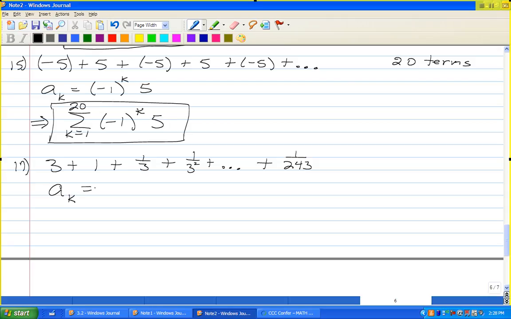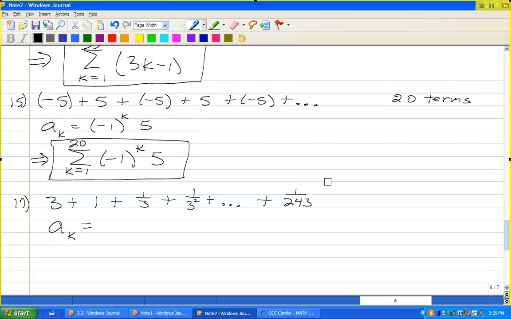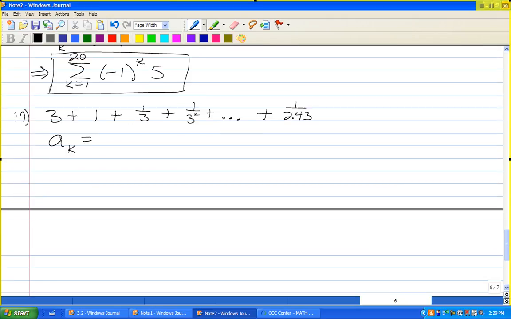Well, it turns out in this case, it looks like a geometric sequence, just like this was a geometric sequence here. And I had a resulting geometric series. And so this looks like a geometric sequence. And well, the first term was 3.